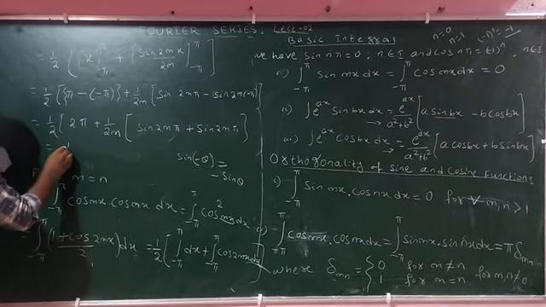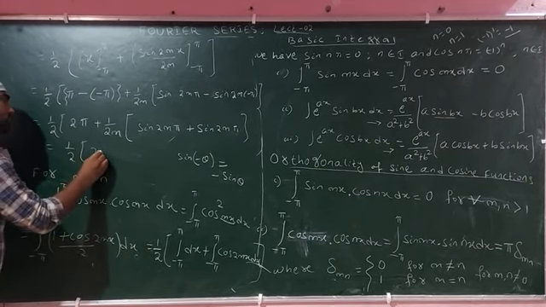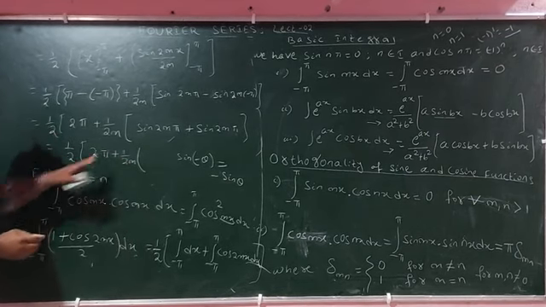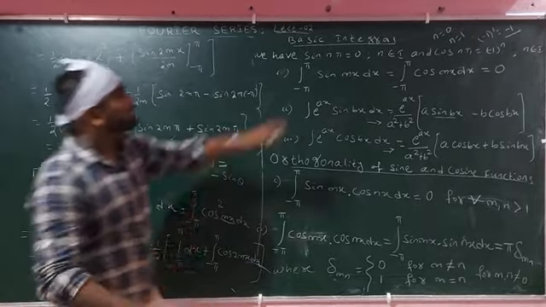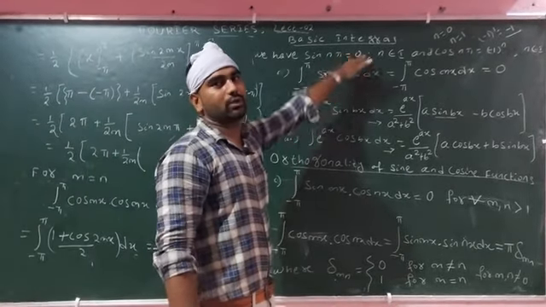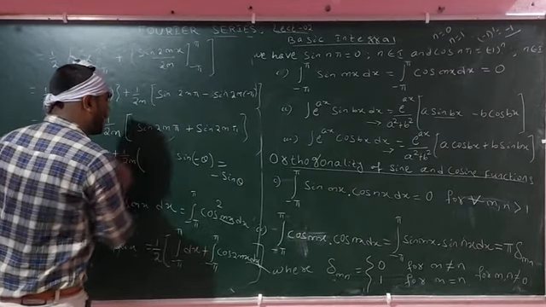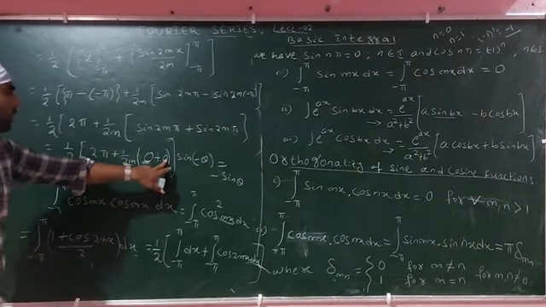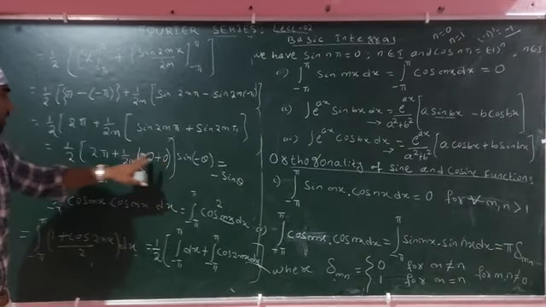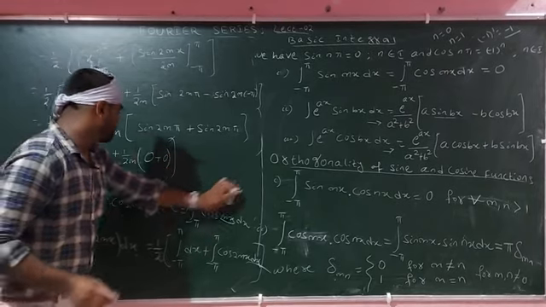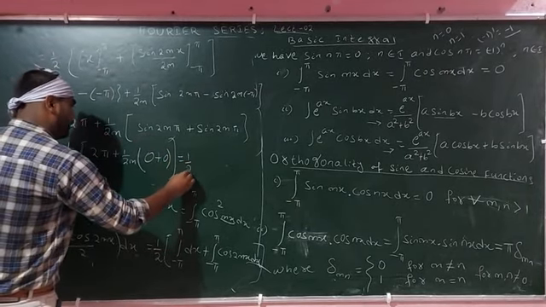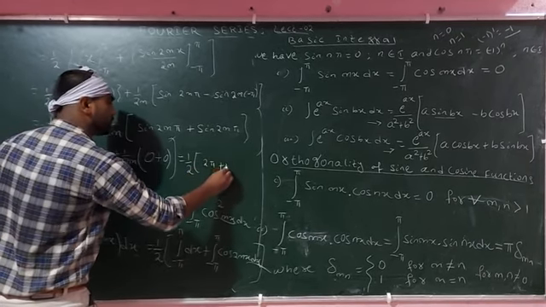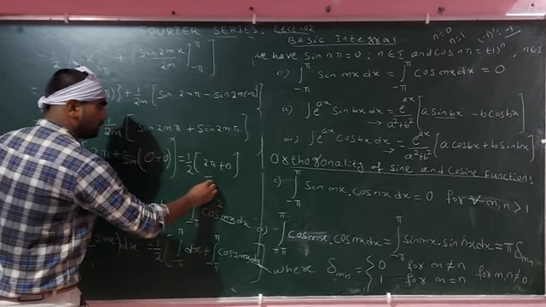Here 1 by 2 into 2 pi plus 1 by 2m sine 2m pi. We know that sine n pi equals 0. So here sine 2m pi will be 0, plus sine 2m pi will be 0. So 0 plus 0 equals 0, that is 1 by 2 into 2 pi plus 0 equals pi.